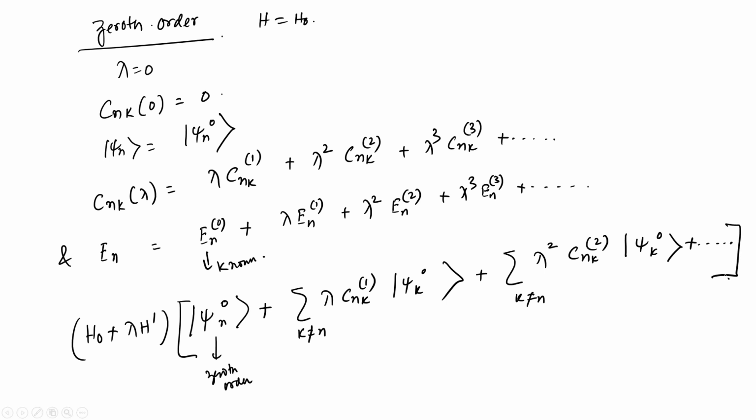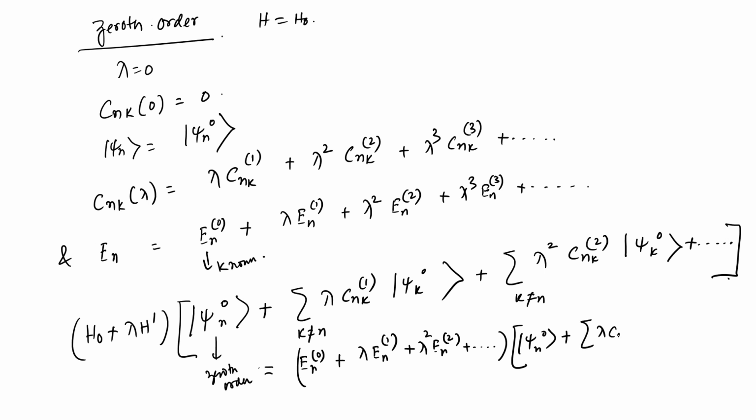Okay. So, this is the left hand side, and the right hand side would be E n 0 corresponding to psi n 0, plus lambda E n 1 plus lambda square E n 2 and so on, psi n 0 plus lambda C n k 1.